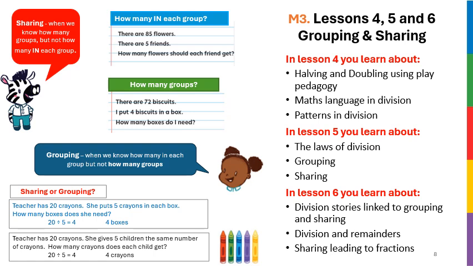Grouping and sharing both deal with division but speak to different ways in which young learners make sense of different division situations. Young learners will enact a grouping problem differently to a sharing problem.